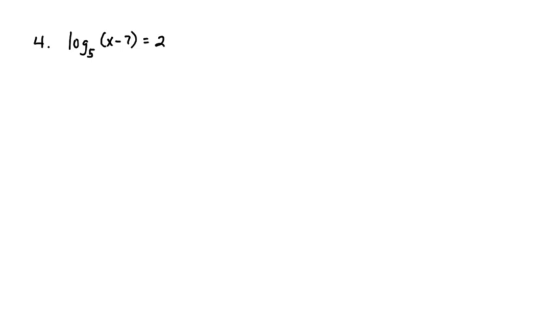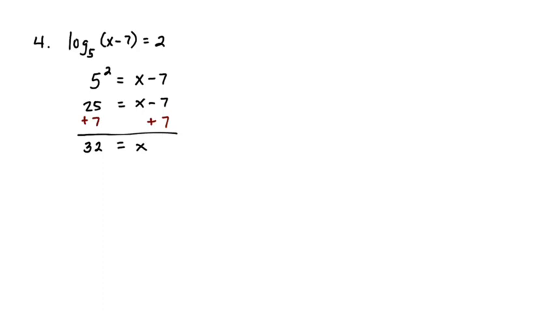So here, when you switch forms, again, it'll be 5 to the second power is equal to, in this case, a binomial, x minus 7. And so 5 squared equals x minus 7. Of course, 5 squared is 25. And we'll add 7 to both sides, and we get 32.